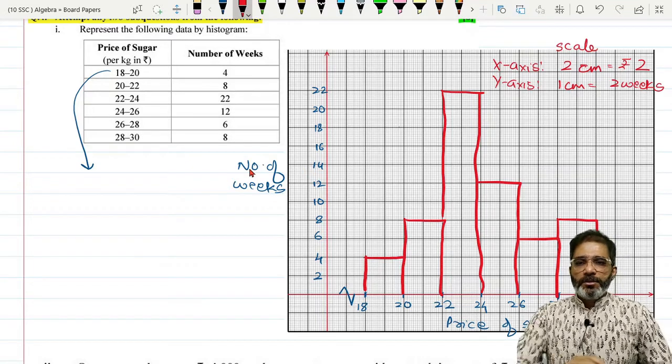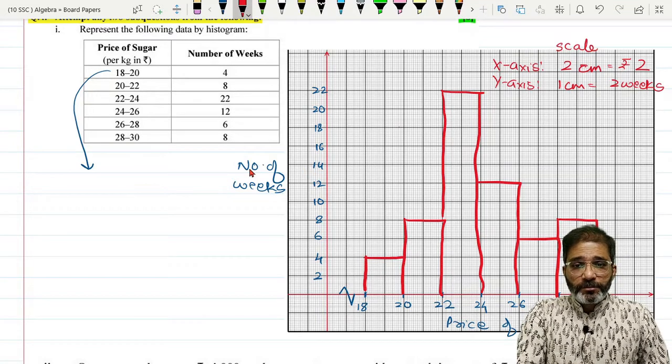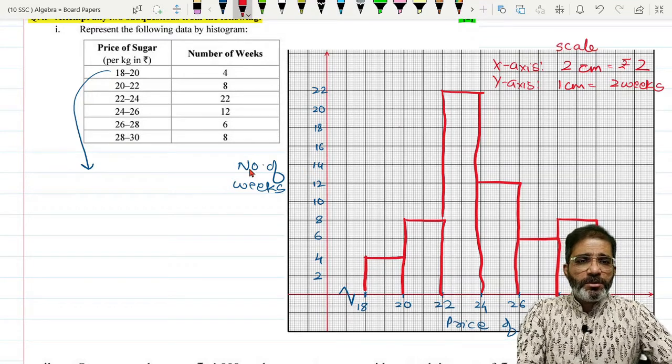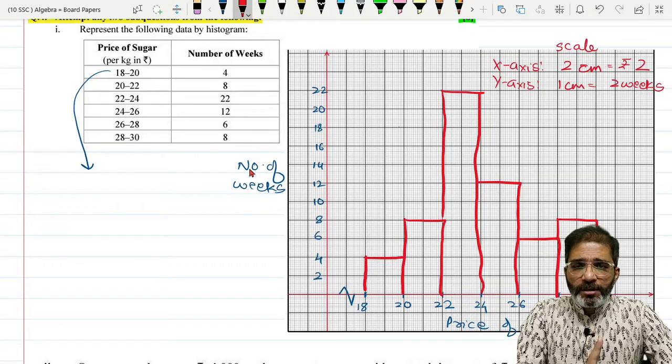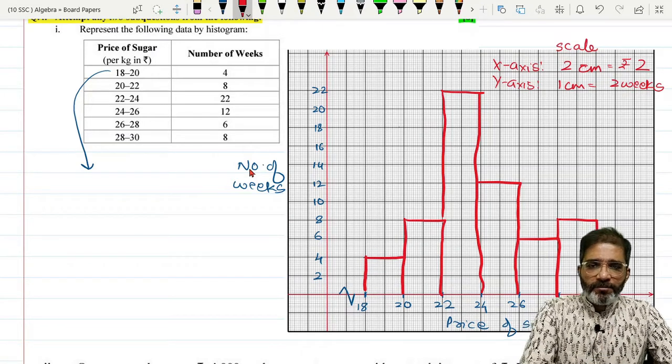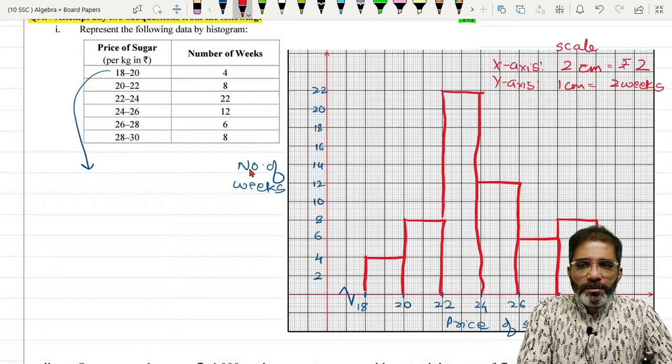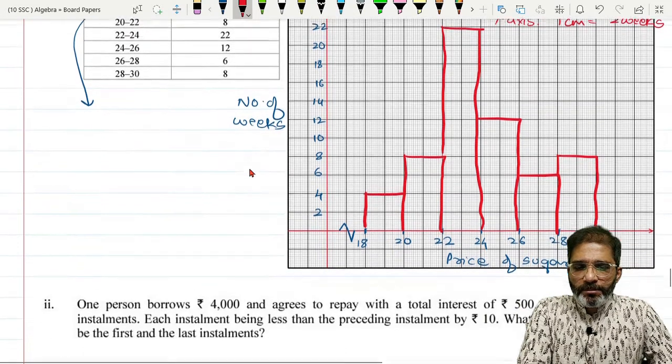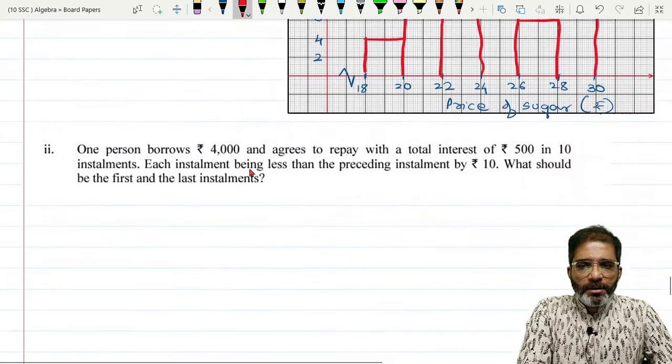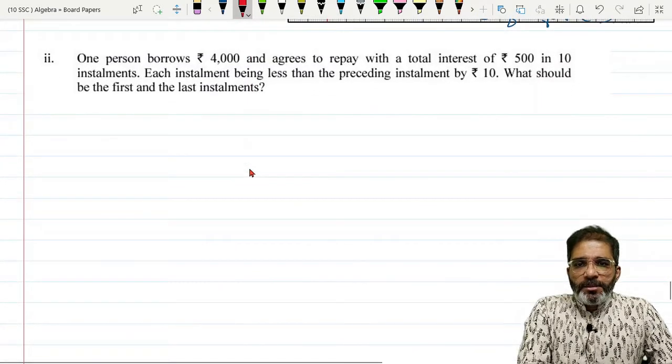Okay, so this is how a histogram is to be done. Remember, students, not to forget the scale. Yes, it carries half a mark. So this is how you draw a histogram. Let's see the next one.